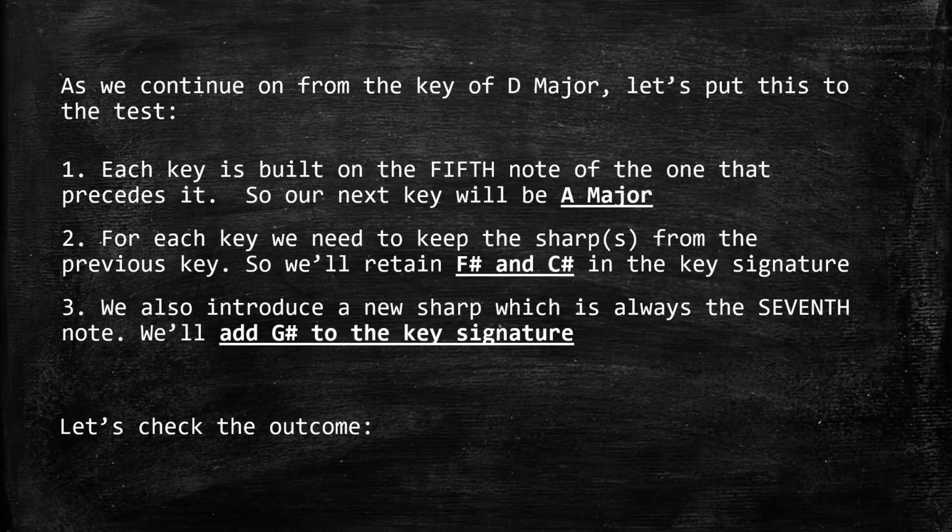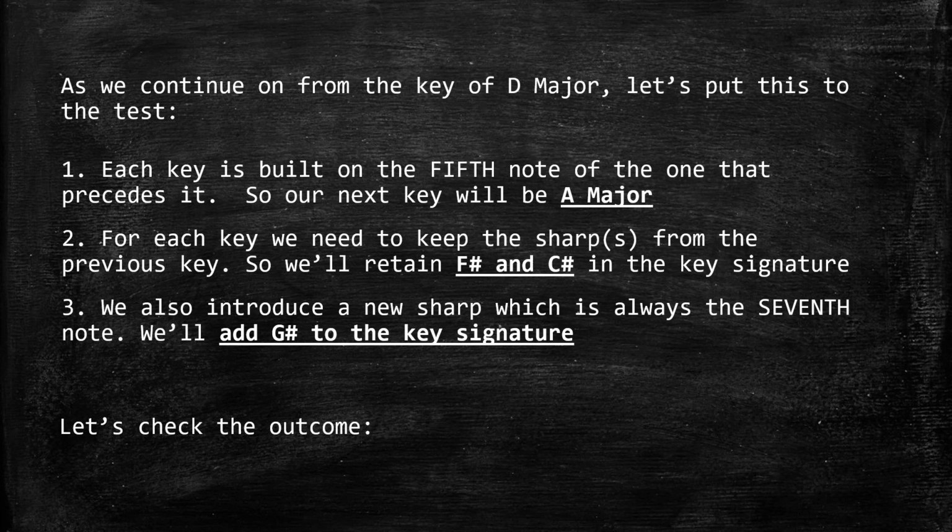As we continue on from the key of D major, let's put this to the test. So rule 1, each key is built on the 5th note of the one that precedes it. So our next key will be A major. Rule 2, for each key we need to keep the sharps from the previous key.